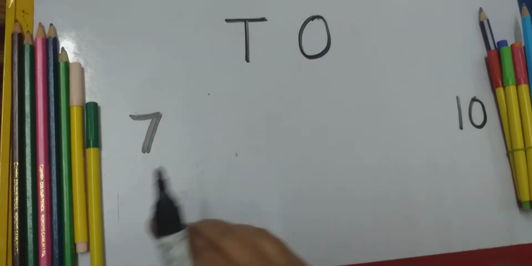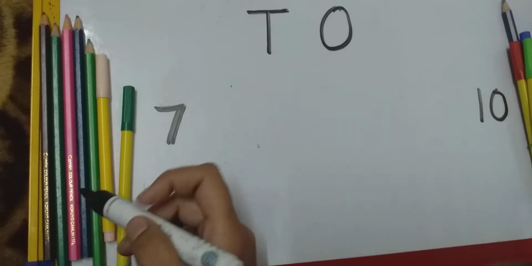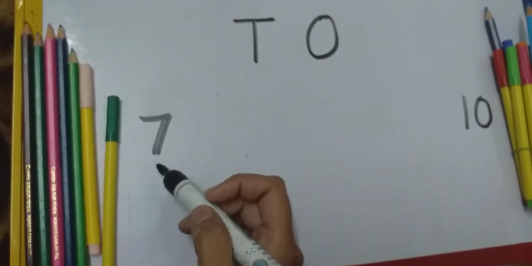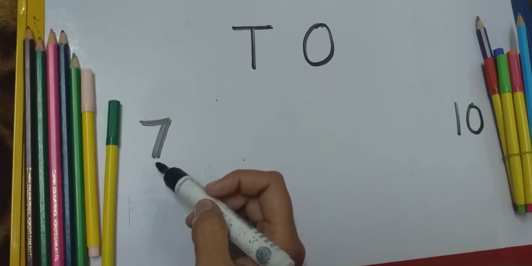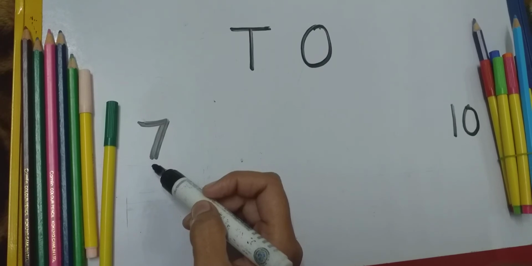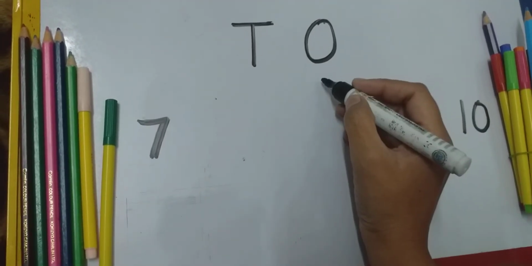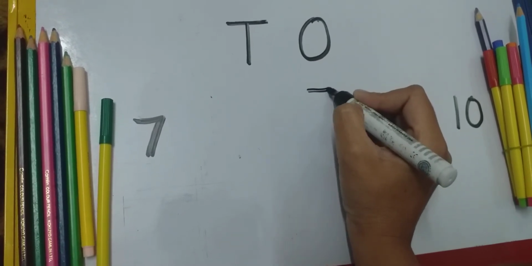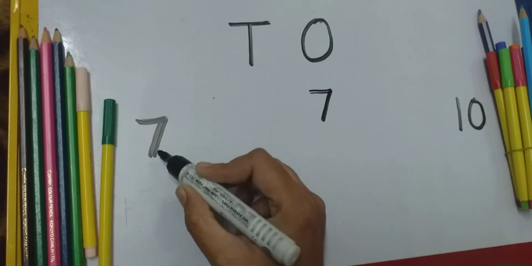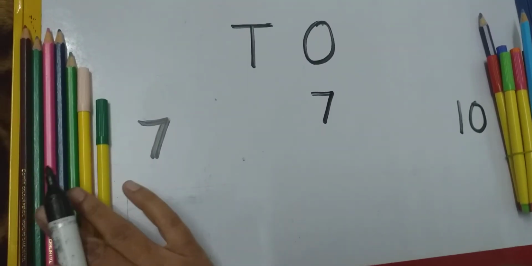Without bundle कौन से कलर जो हैं मेरे पास जो बंडल में नहीं हैं वो हैं 7. So these are 7. These come under ones. ये कहाँ लिखा जाएगा? ones के नीचे 7 because ये जो हैं बंडल में नहीं हैं.